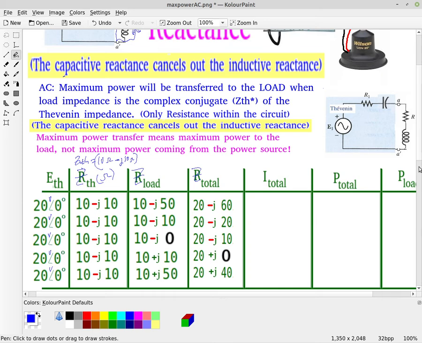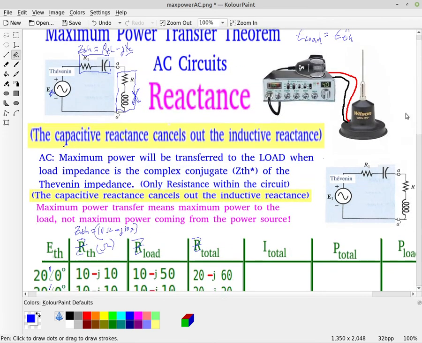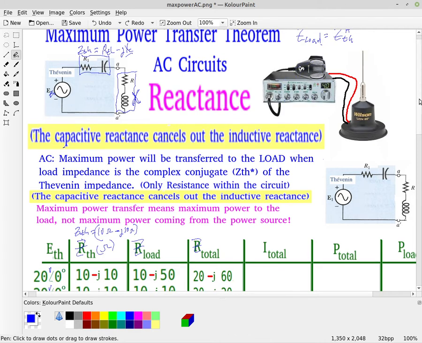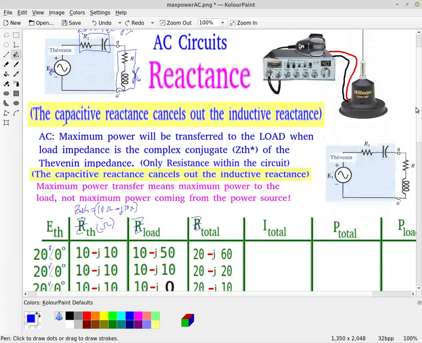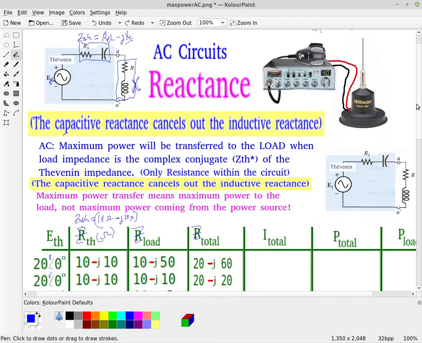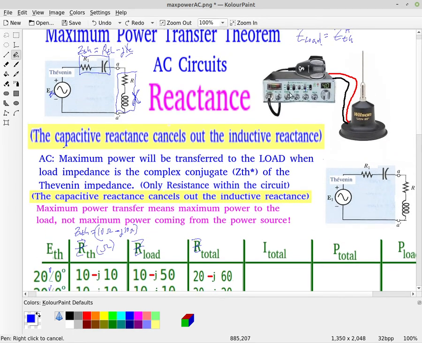That Z Thevenin comes from simplifying the complex circuitry inside some complex device down to just a simple impedance with some resistance and some reactance. There's probably some inductance inside, lots of resistors and lots of capacitors.